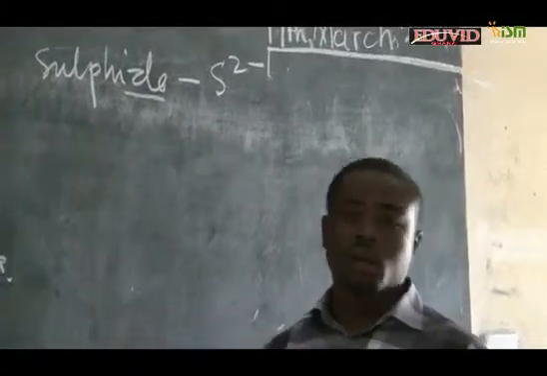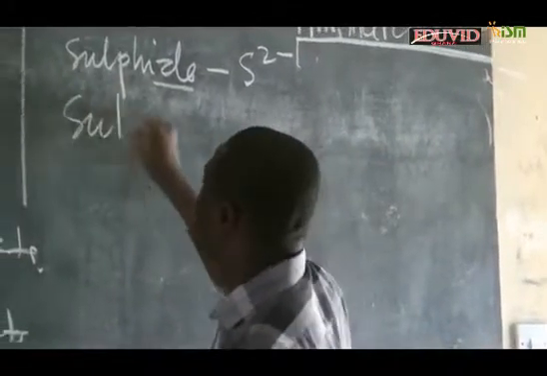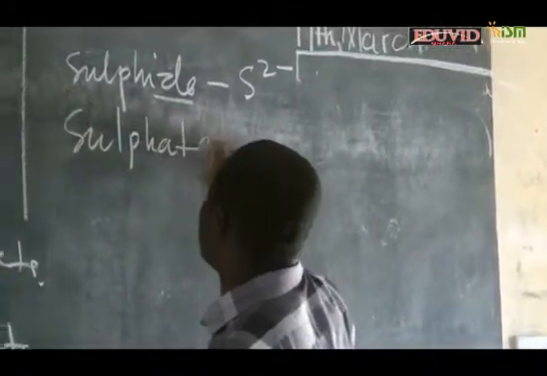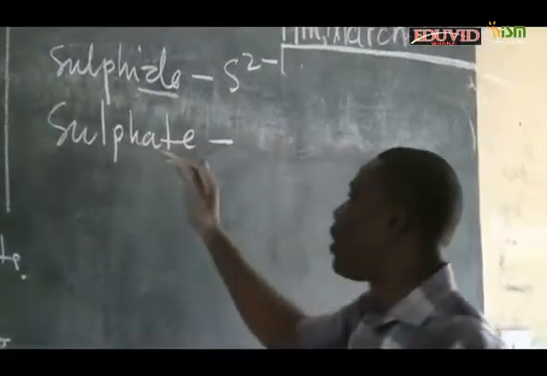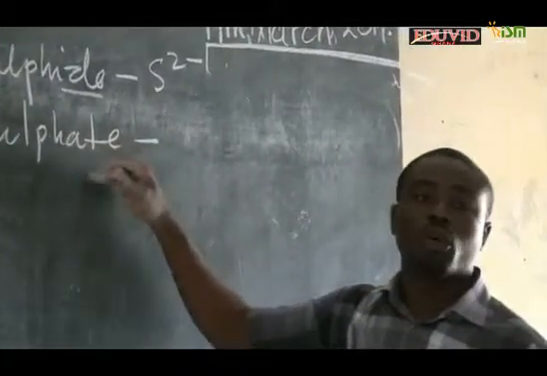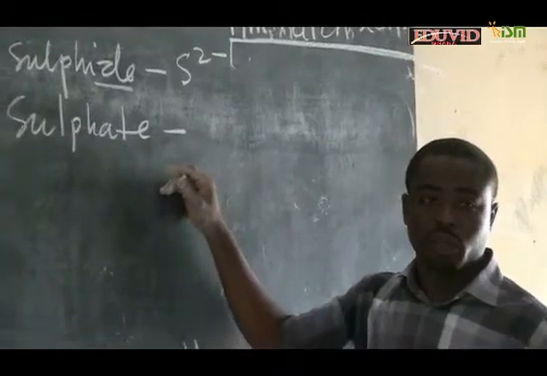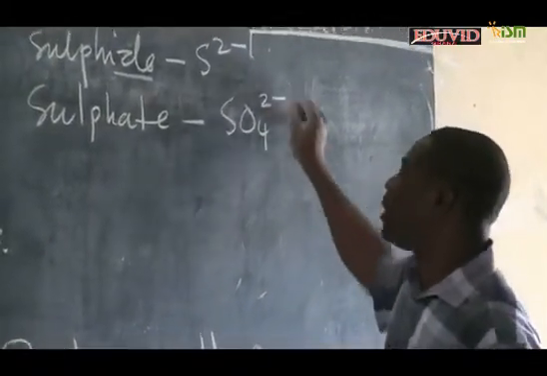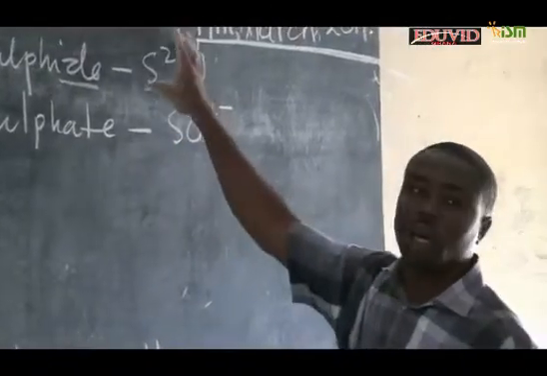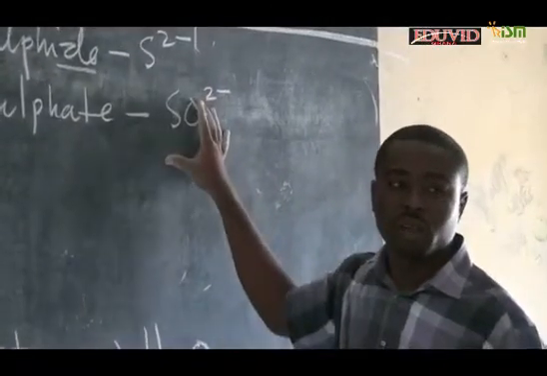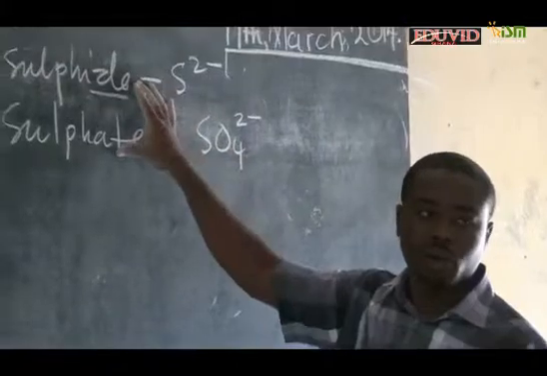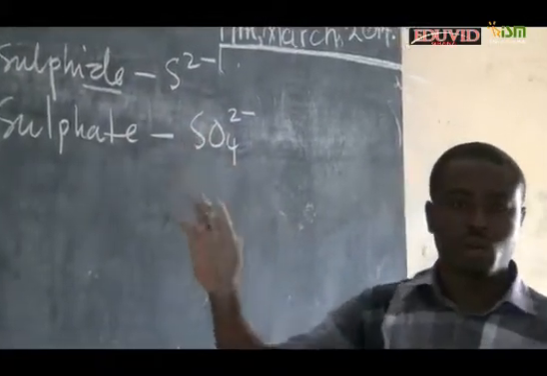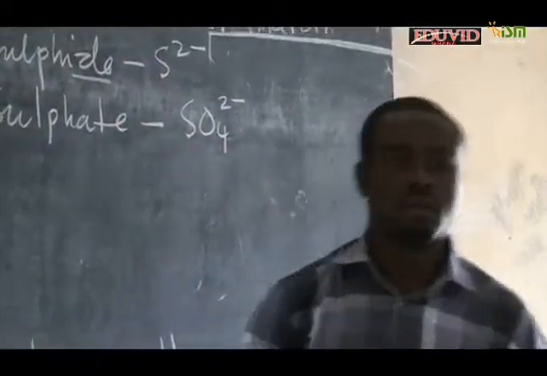A sulfate means that the sulfur has been bonded to oxygen atoms, so a sulfate should be SO4 2 minus. A sulfide is an anion and a sulfate is a radical, or a group of atoms with the same charge.